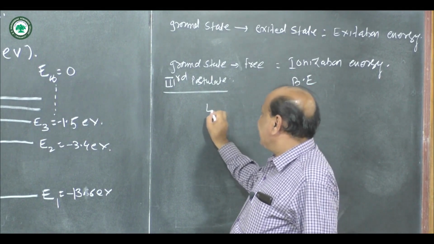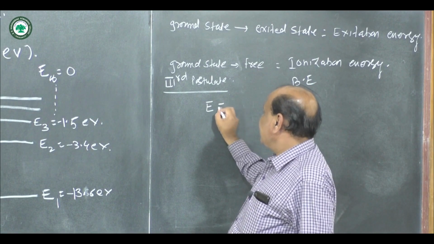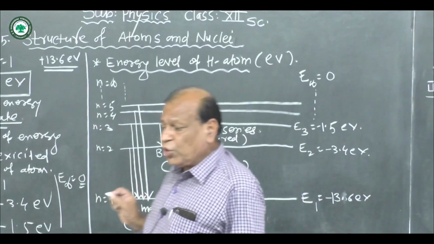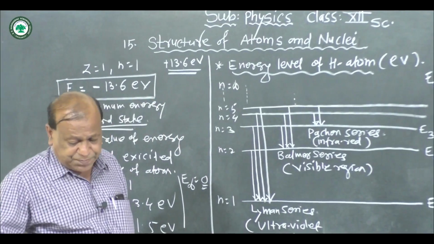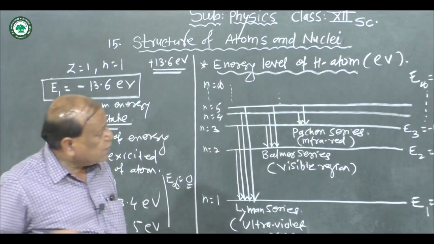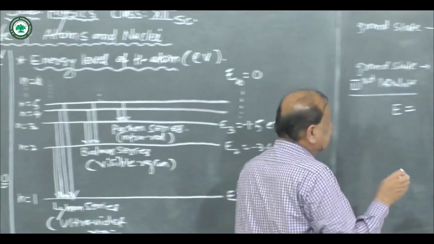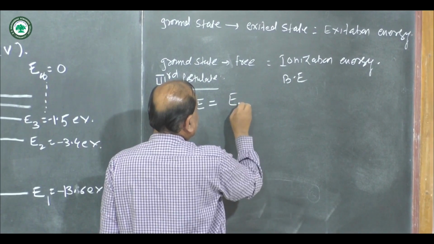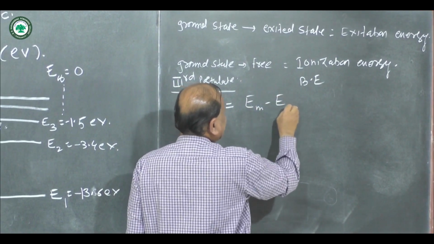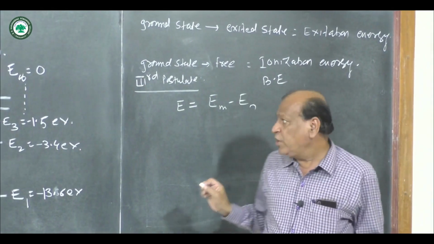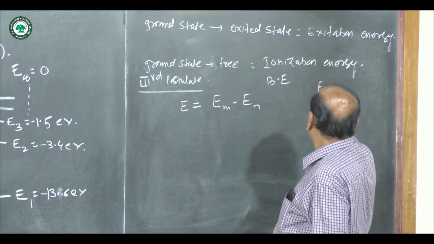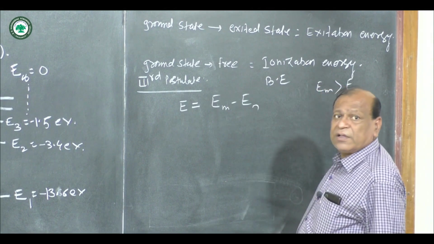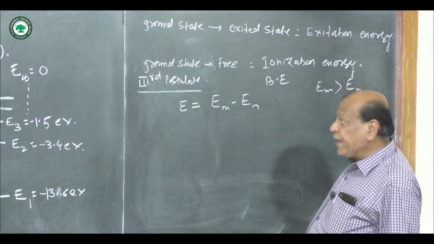That radiated energy E is equal to the difference between the two energies, higher energy minus lower energy, Em minus En, where the energy of the mth orbit is greater than the energy of the inner nth orbit.